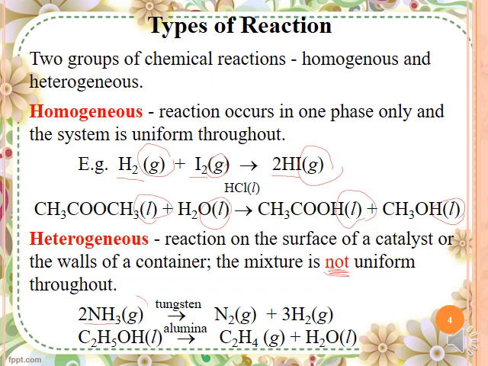So you see here, these are all in gas phase, but the reaction occurs on the solid surface of tungsten. Similarly, ethanol here. Ethanol is in liquid form, on the surface of alumina forming ethylene gas and liquid water.